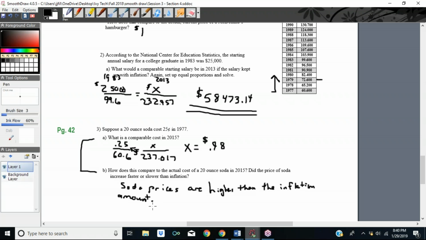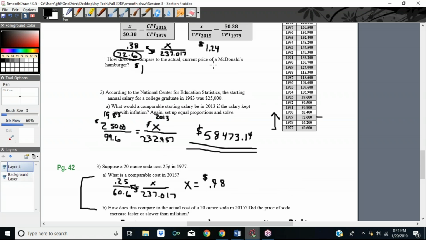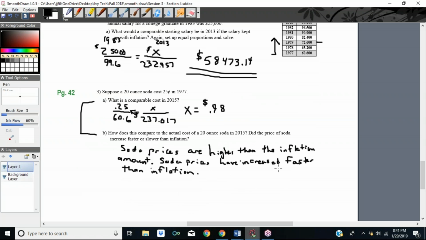Another way to say this is soda prices have increased faster than inflation. So like that hamburger earlier, the inflation price was $1.24, and the actual cost is a little bit less. Here with the soda, the cost of the soda is actually higher. So just note those differences. Okay.